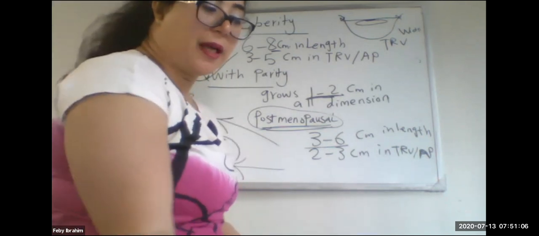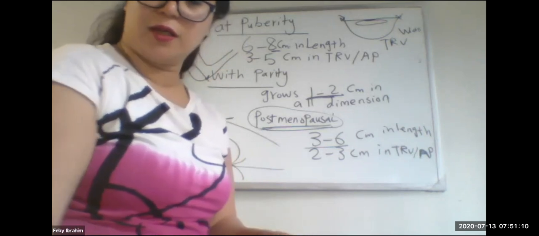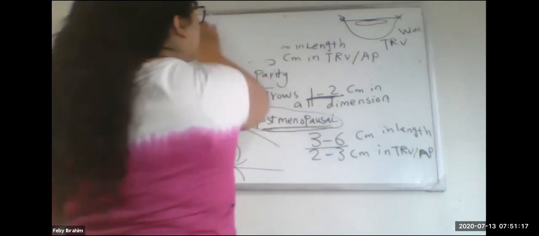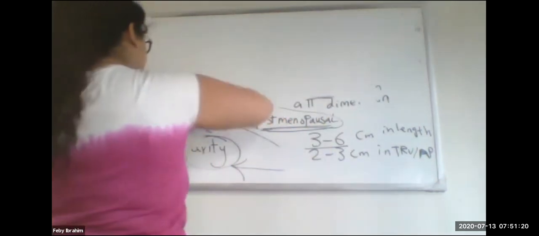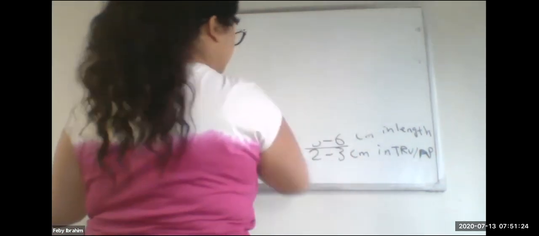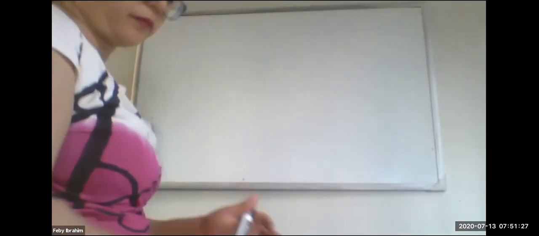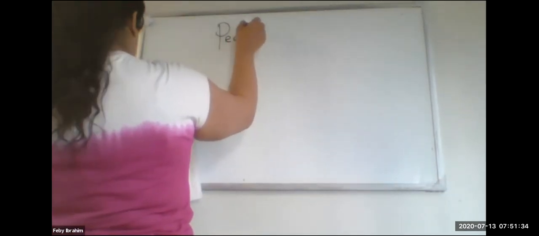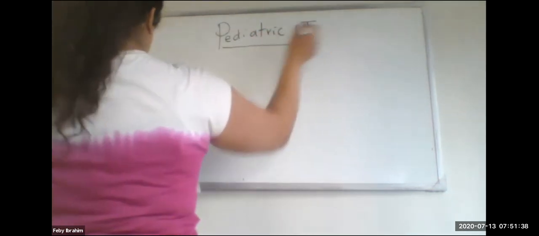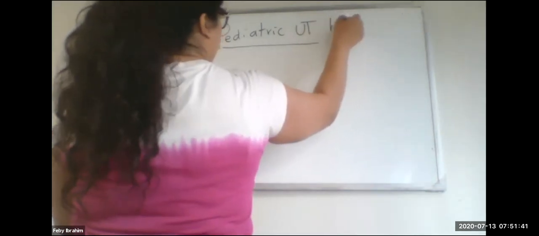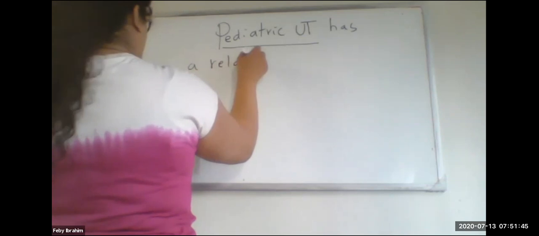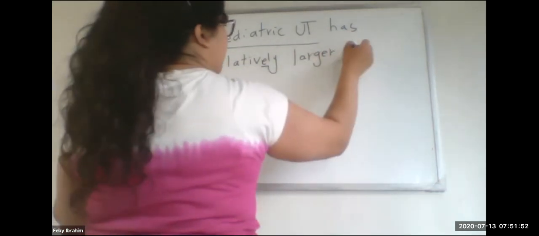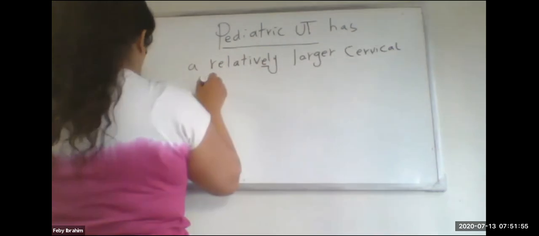Okay, what about the pediatric patients? What does the size of the pediatric uterus look like? The pediatric uterus has a relatively larger cervical length and width.